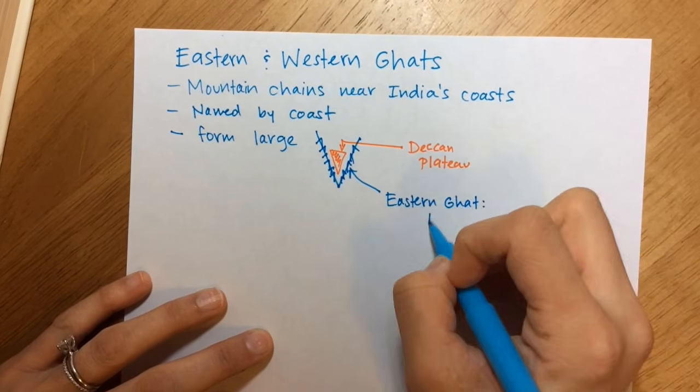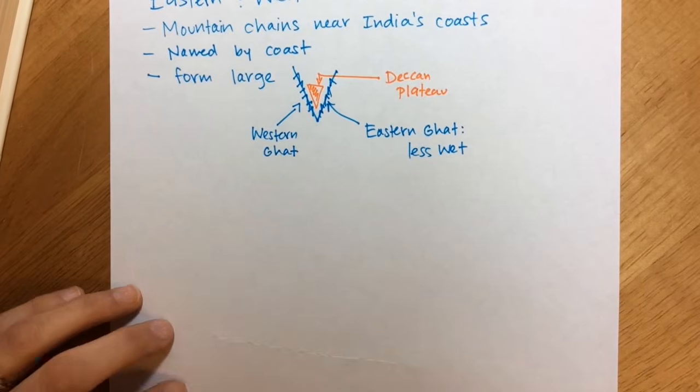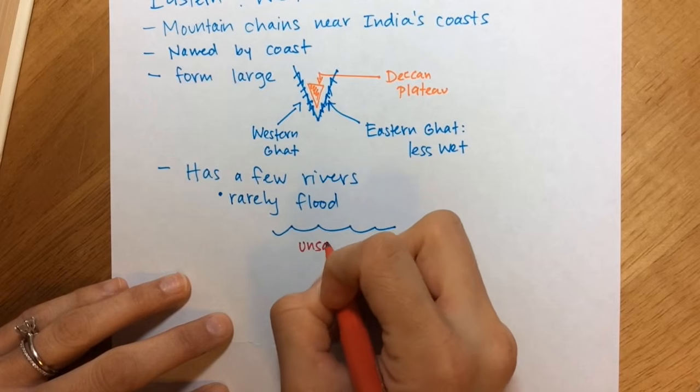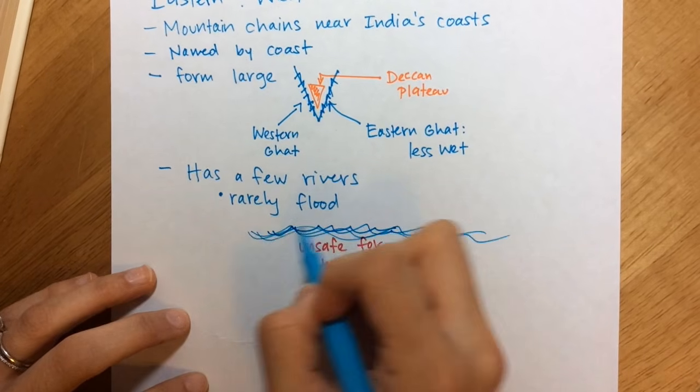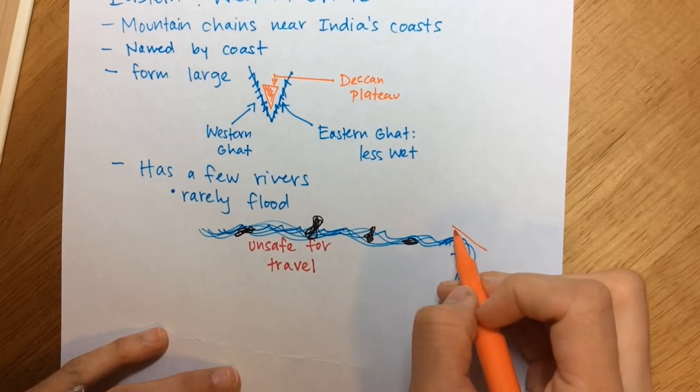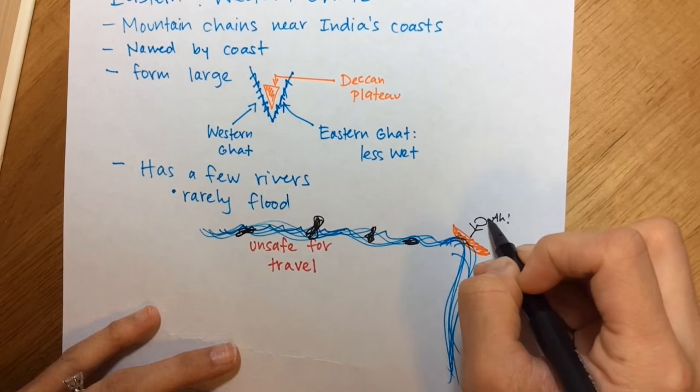The Eastern Ghat isn't as wet as the Western Ghat, and there are a few rivers that run through them. Even though these rivers rarely flood, they are unsafe for travel as they move rapidly, contain many rocks, and often plunge suddenly over cliffs.